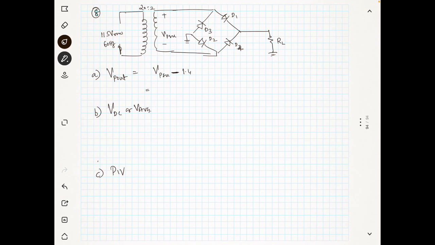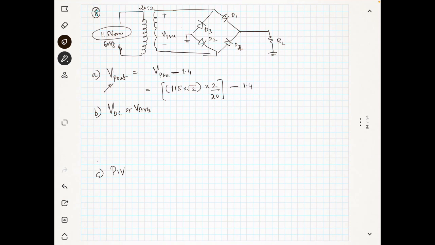And what is Vp secondary? RMS has been given. So first of all, I will convert the RMS into the maximum value, because we are talking about the maximum. After that I will multiply with the turns ratio, that means 2 over 20. So this is your Vp secondary. Now from this I will subtract 1.4. I hope this part is clear to you.